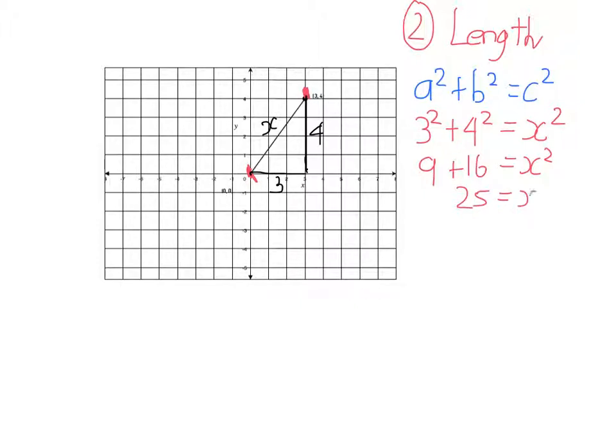Okay, and the last step you have to do, which sometimes brings people undone, is you have to take the square root. So if x squared is 25, x will be square root of 25, because square root undoes squaring. So square root of 25 is, of course, 5. And so we have 5 equals x, okay?